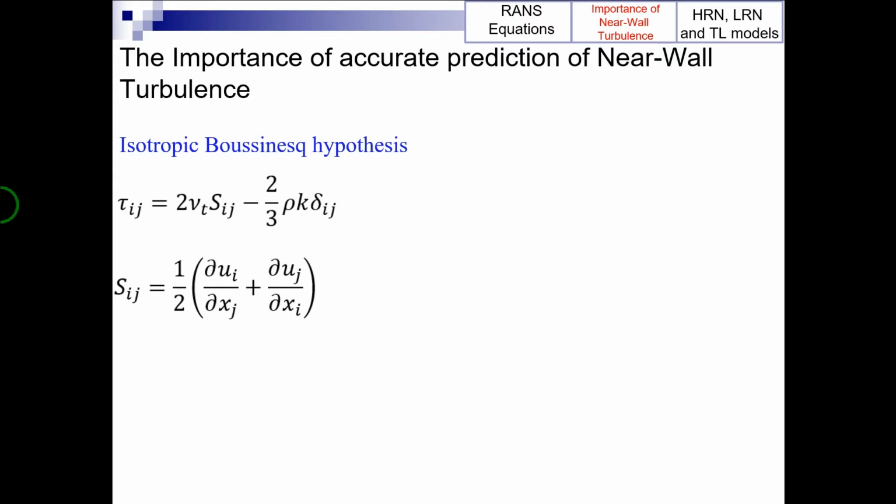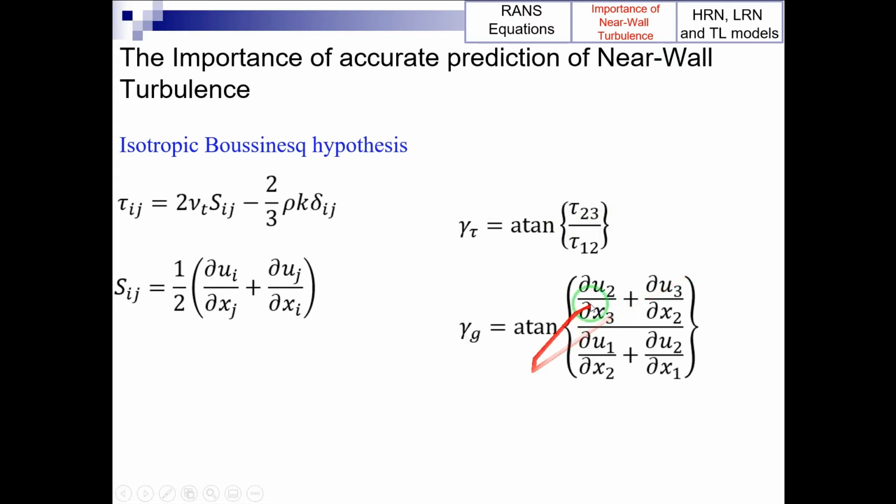In other words, it is assumed that there is an alignment between the Reynolds stress terms and the mean deformation rate of the flow. More precisely, it is assumed that the difference between the turbulent shear stress angle gamma tau as defined here and the turbulent flow gradient angle gamma g as defined here is equal to 0.